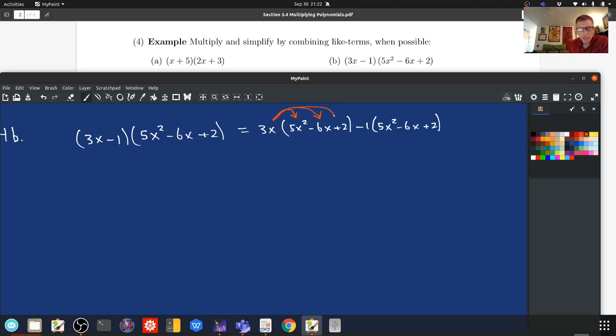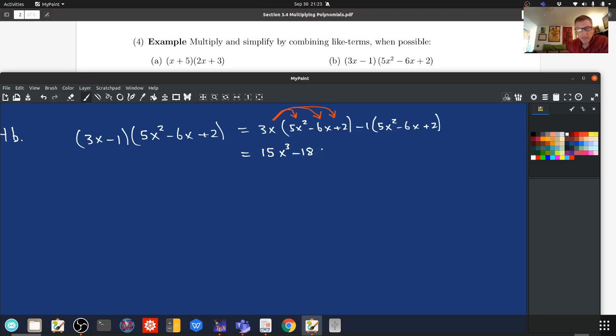Distribution's really important in math. So 3x times 5x squared is 3 times 5 is 15. X times x squared is x cubed. 3x times minus 6x is 3 times minus 6 is minus 18.